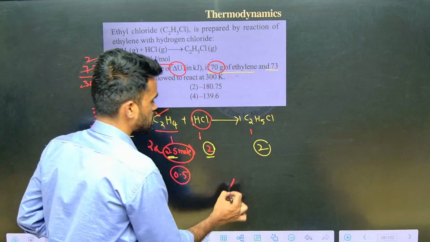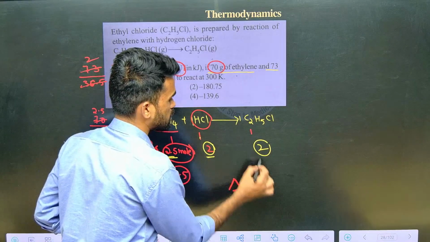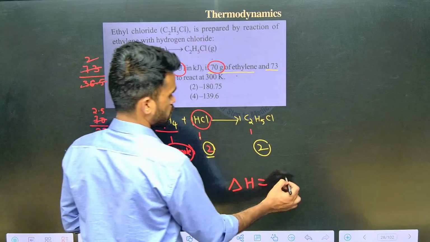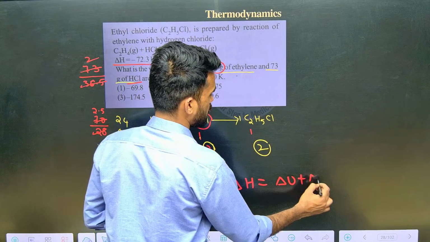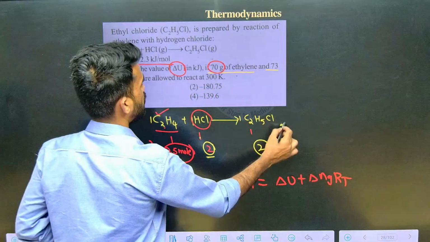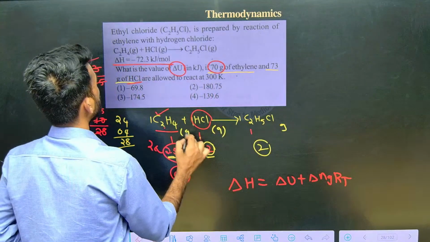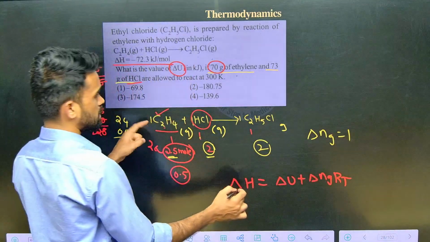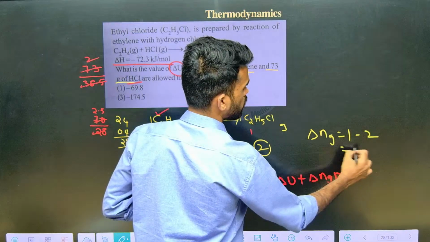Yes, it's simple now. Do the calculation for 1 mole and multiply your answer by 2, because it is for 2 moles as per the equation. So delta H equals delta U plus delta Ng RT. As per the equation, all of these are gaseous. The number of gaseous products is 1 and gaseous reactants are 2, so delta Ng is minus 1.